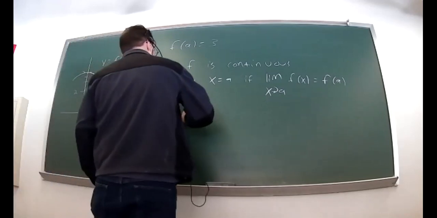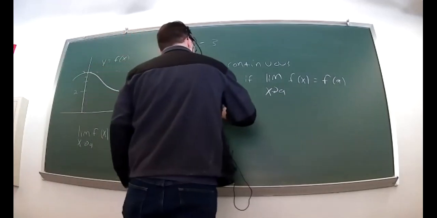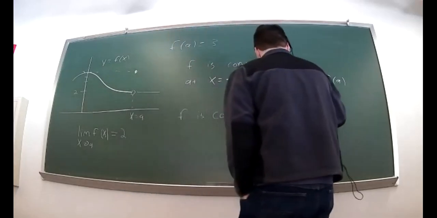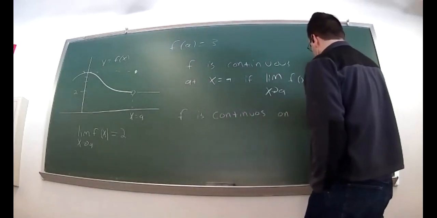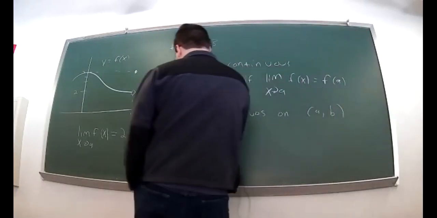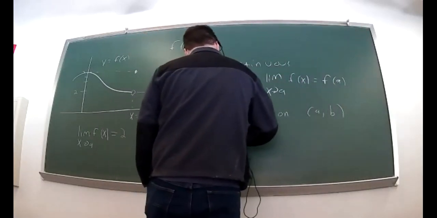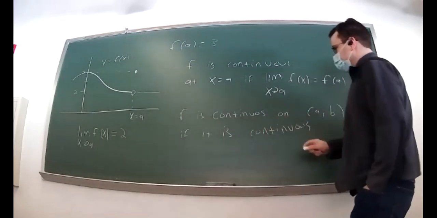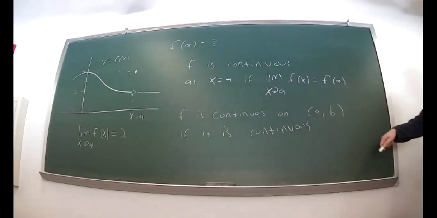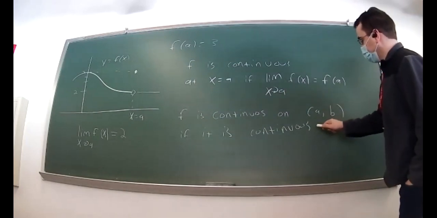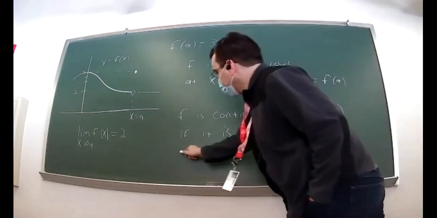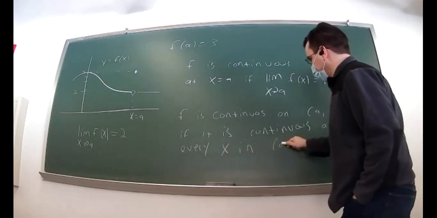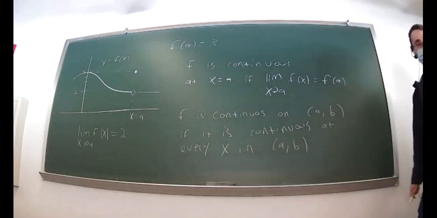And you could just say that f is continuous on an interval, say on an interval from a to b, if it is continuous at every x in the interval.